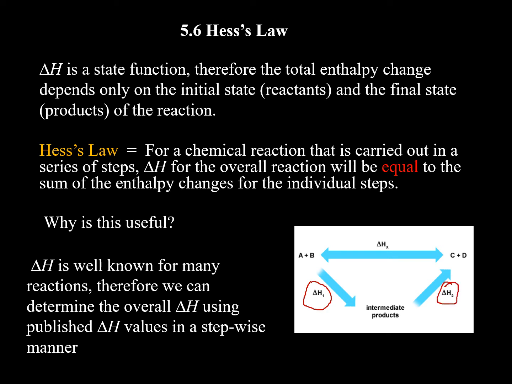So for instance, if we were to do an experiment where we had A and B, and we were not able to measure this delta H to get our products, but if we were able to measure the step-by-step process, we could find the change in delta H for the reaction.